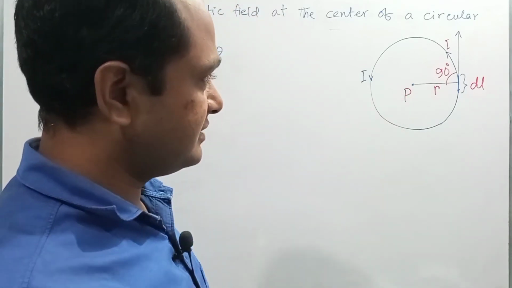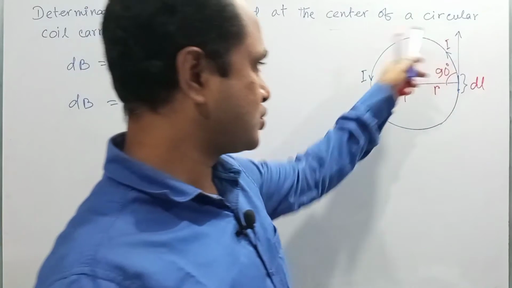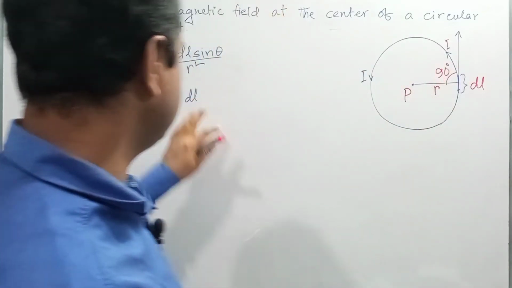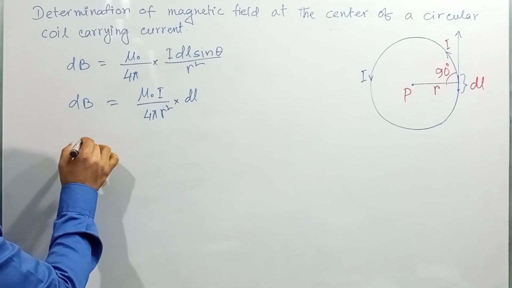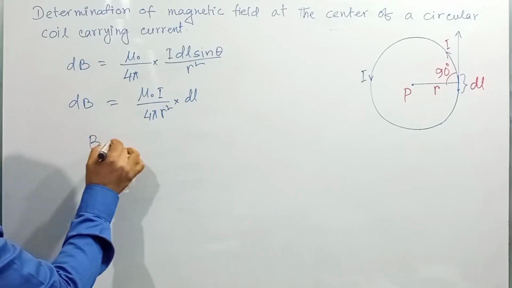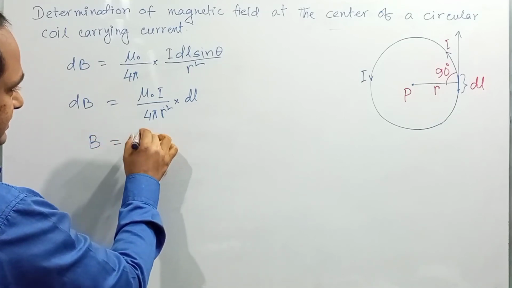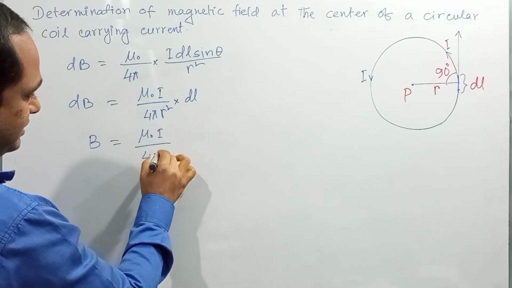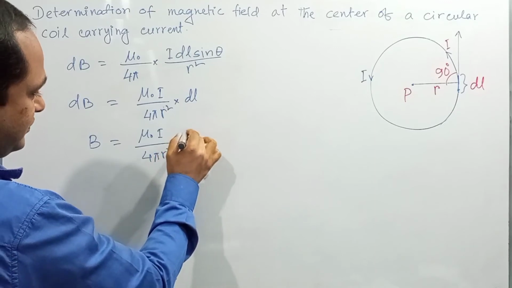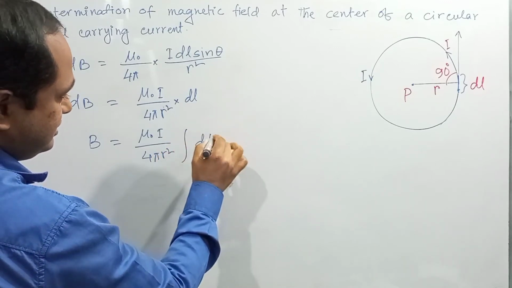So, to get the magnetic intensity at the center of the circle due to the total length of the wire, we have to integrate this expression. In that case, if the total magnetic field is B, then B can be expressed as mu naught I divided by 4 pi r square, integration of dl.